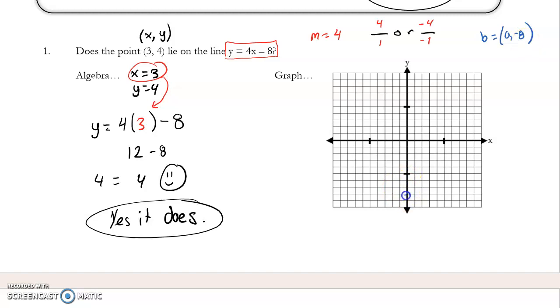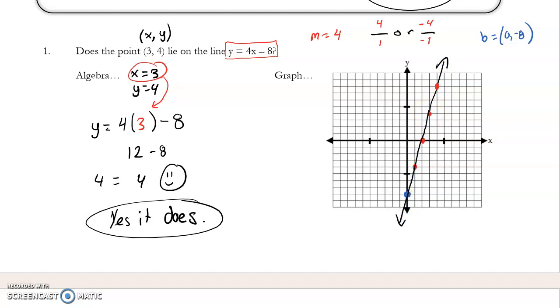That's where we start. When I apply my slope, 1, 2, 3, 4 up, 1 to the right, positive 4, positive 1, and so on. Here is my line. It looks like this.